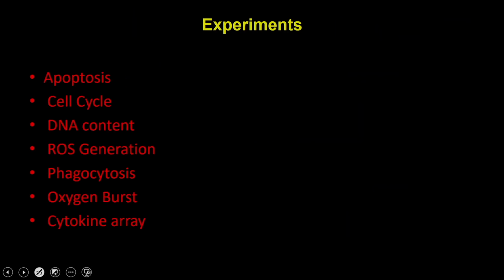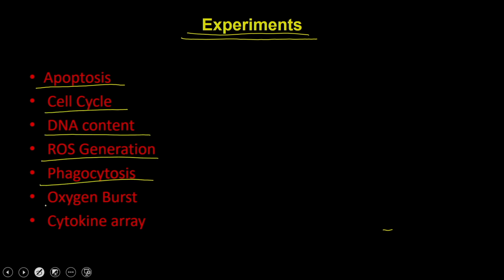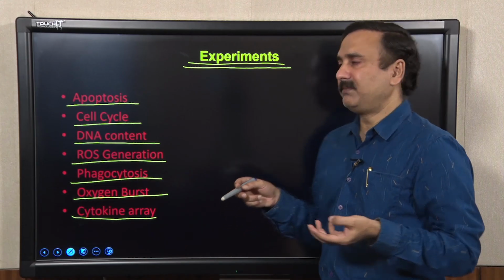Now, let us discuss the different types of experiments you can do with the help of flow cytometry. In flow cytometry you can do apoptosis, cell cycle, DNA content, ROS generation, phagocytosis, oxygen burst and cytokine array. Ideally, flow cytometry can be used for two or three different types of experiment.